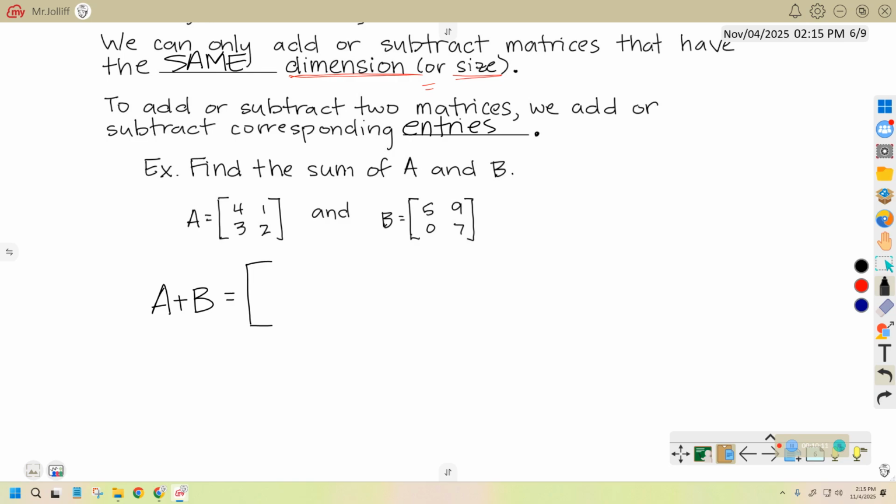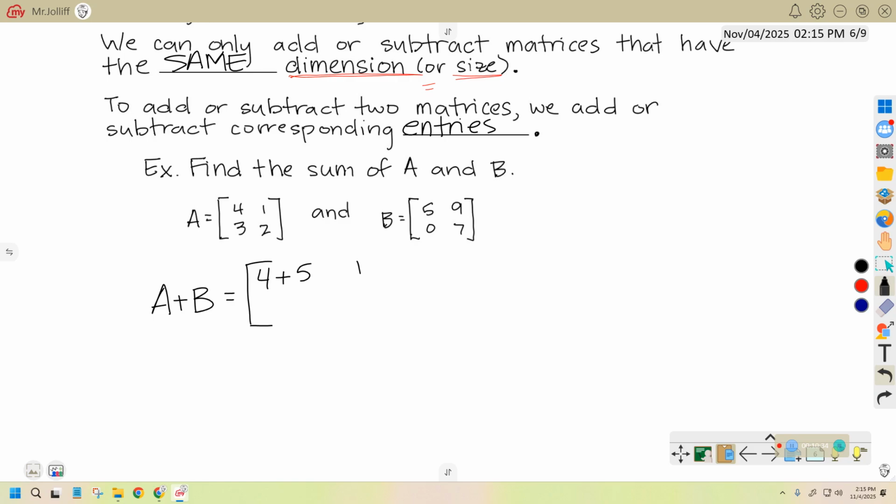So first row, first column in A is 4. First row, first column in B is 5. So first row, first column in my answer is 4 plus 5. Do the same thing. First row, second column in A is 1.